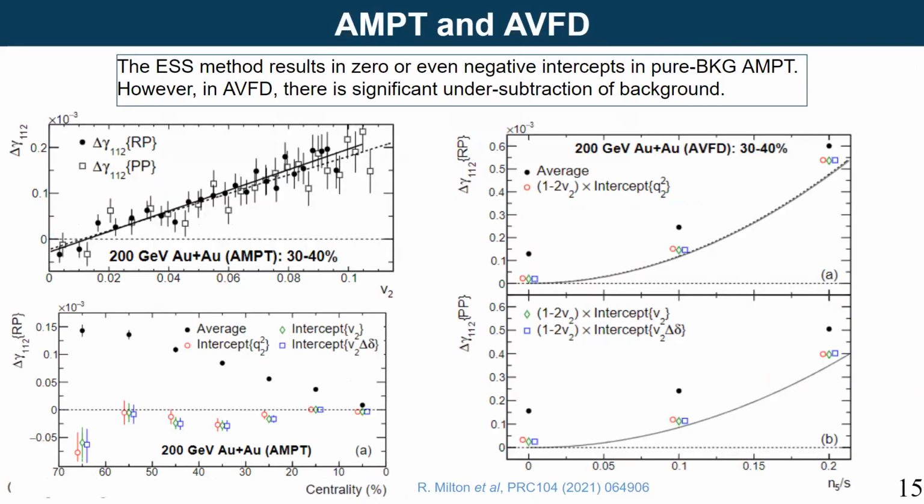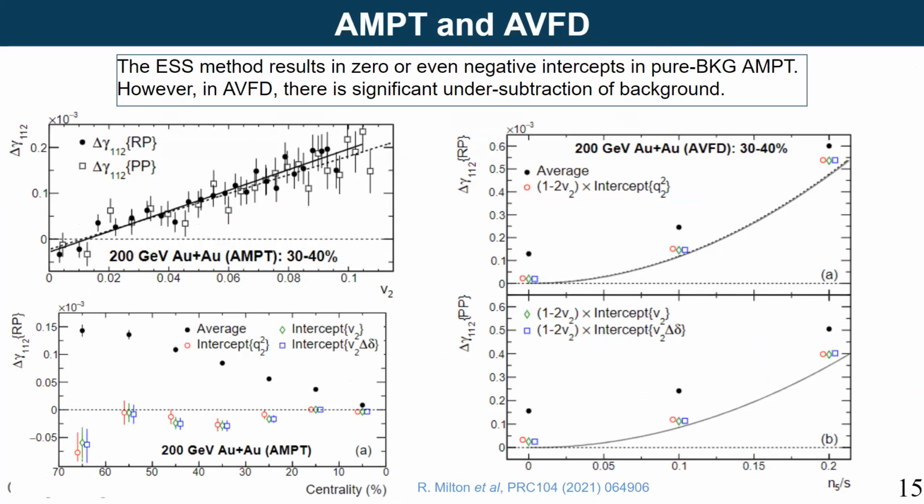And also, at that time, initially we use AMPT to test the method. So we use our Q square to select events and then plot delta gamma as a function of V2. And this is for one centrality, 30 to 40%, with both the true reaction plane and the participant plane.